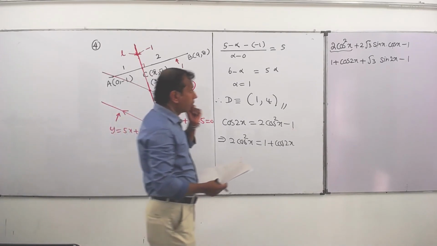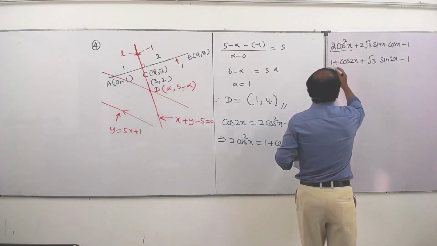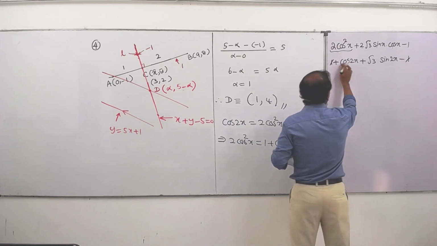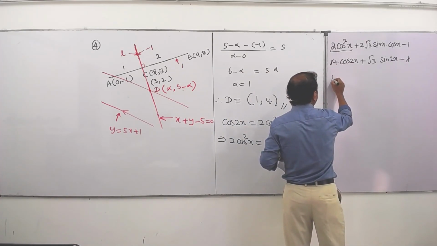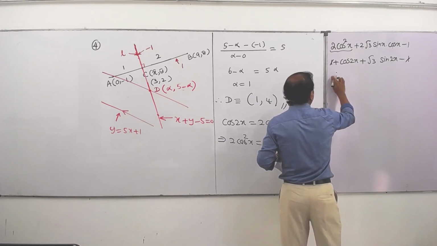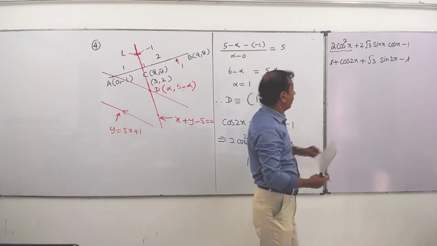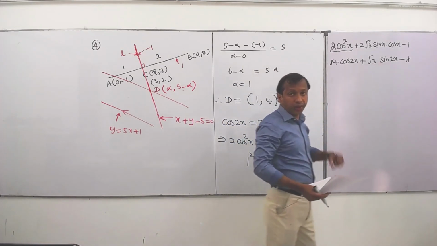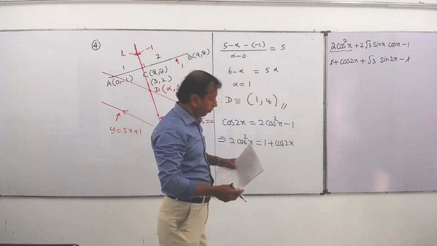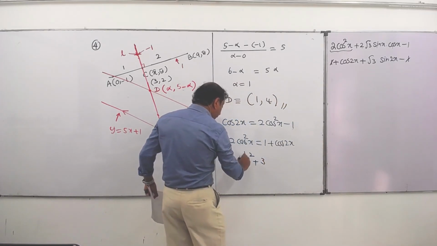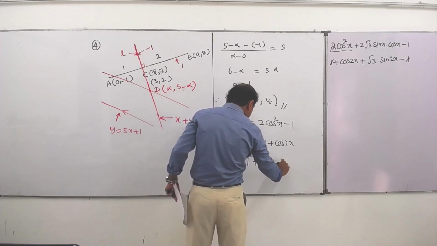Now, people, you can see this 1 and minus 1 you can cancel. Now, the cos 2x coefficient is 1, we square that. The sin 2x coefficient is root 3, that will also be squared. Now we add and take the root, we get 2 here.